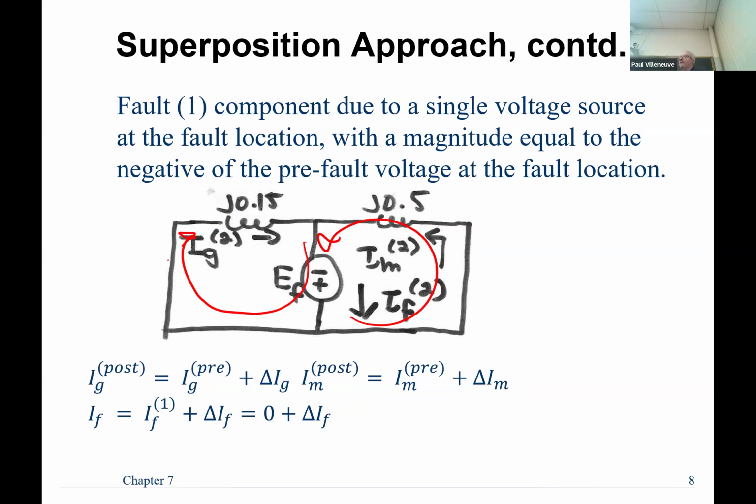Is there a better, more effective way to figure out what current is going to be seen by this generator? Any hints? Any guesses, I mean? Close.